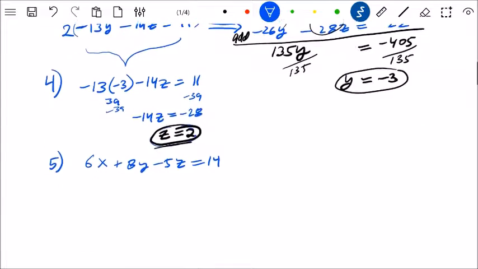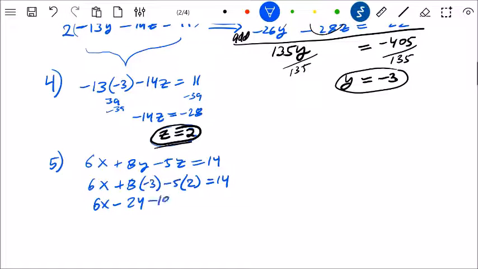All right. So the 6x is here. That's going to be 8 times negative 3, replacing the y, minus 5 times 2, replacing the z, is equal to the 14. So I have 6x minus 24, minus 10, so minus 34.